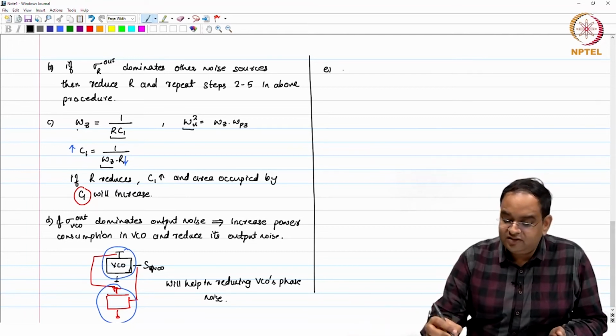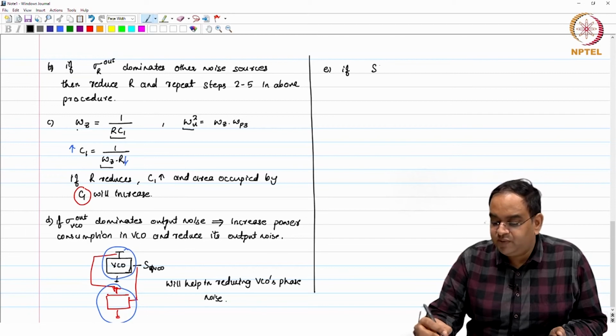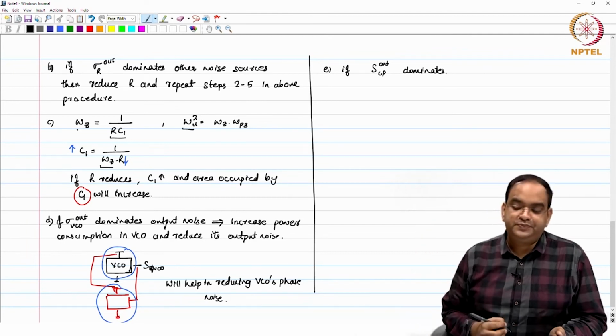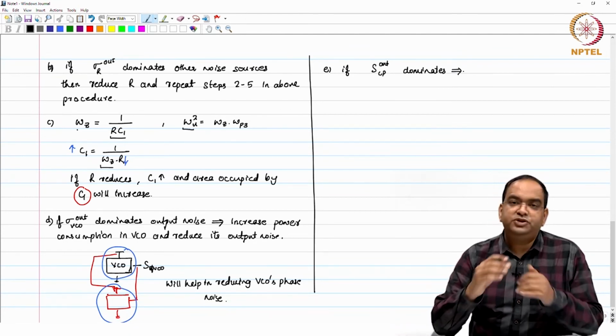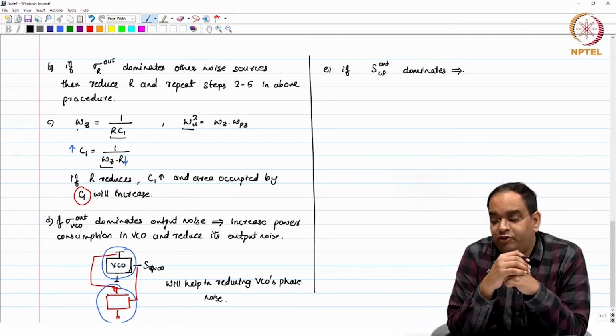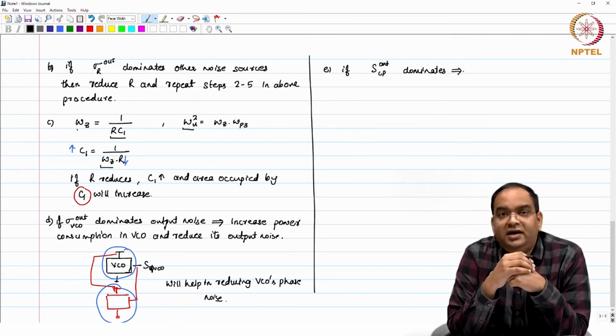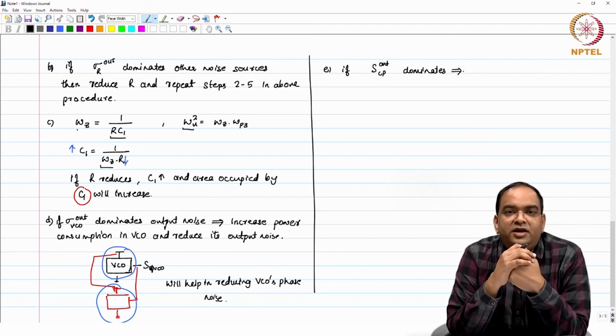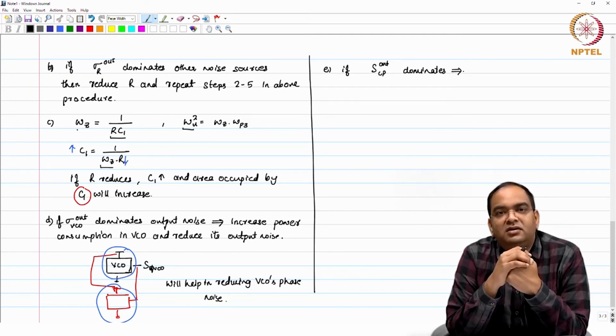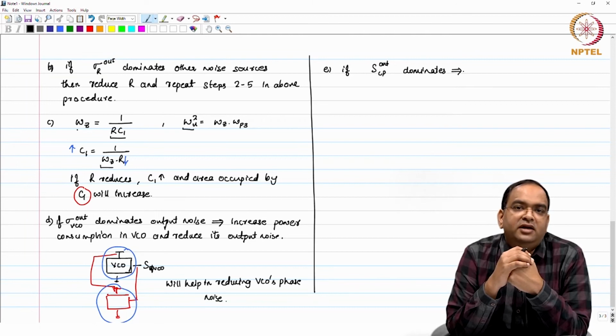Then the next case is, let us say your charge pump output noise dominates, what to do? If charge pump output noise dominates, then the option you have is to increase the charge pump current. But if you increase the charge pump current itself, then your unity gain bandwidth and everything will be different.